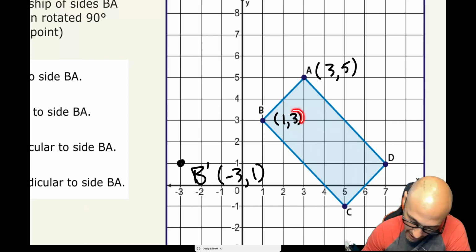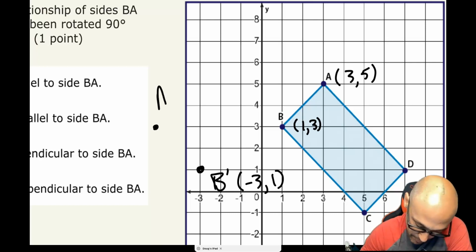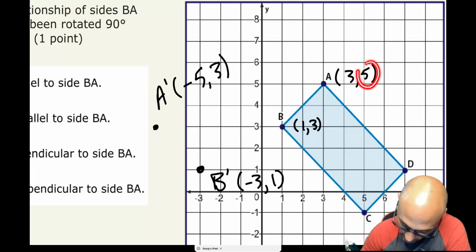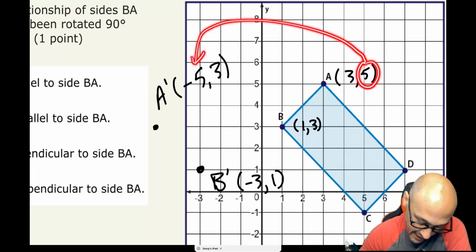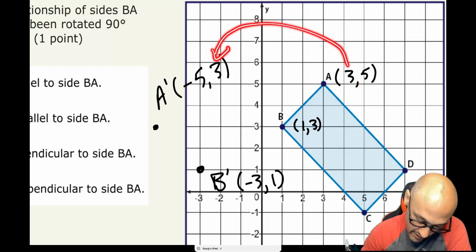So notice that the y value moves into the x value's position and changes signs, and the x value just moves into the y value's position. So similarly, A is going to move into -5, +3. That's A prime. It's going to be -5, +3 because it follows that same pattern. The y value becomes the x value but changes signs, and the x value becomes the y value.